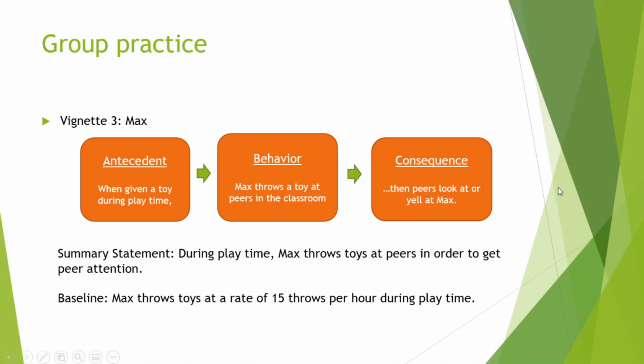Then the peers look at or yell at Max. So then in this case, we know that Max is likely obtaining attention as the consequence or function of his behavior. So our summary statement could be, during playtime, Max throws toys at peers in order to gain peer attention. And then baseline, Max throws toys at a rate of 15 throws per hour during playtime.